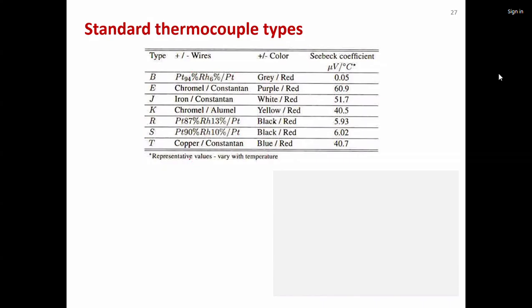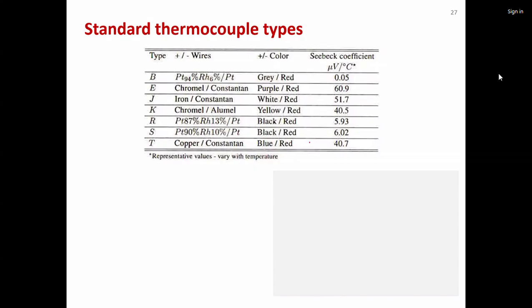For example, J type is made out of iron and constantan. Each of these materials is also coded in terms of color. So in iron constantan, iron will be coded as white and constantan will be coded as red. You can see that for T type, you have copper coded as blue and constantan as red.